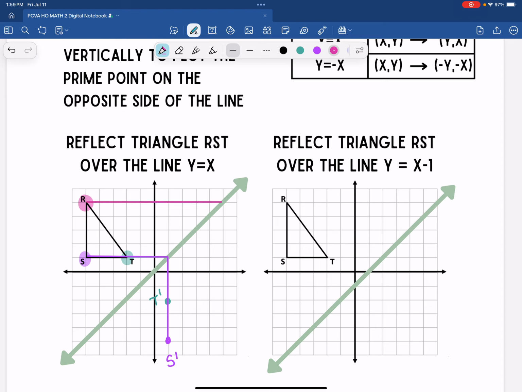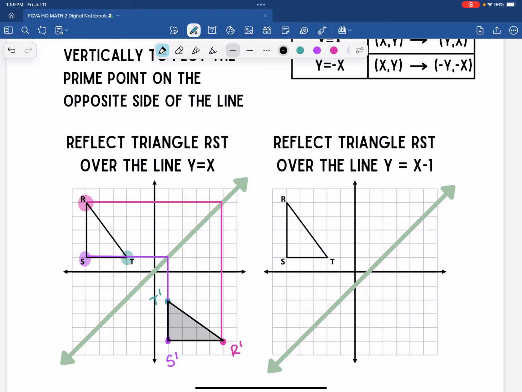So that's 1, 2, 3, 4, 5, 6, 7, 8, 9, 10 units. So now I'm going to go vertically 10 units, 1, 2, 3, 4, 5, 6, 7, 8, 9, 10. That's going to be R prime. If I connect these now, I have my reflection over that line.